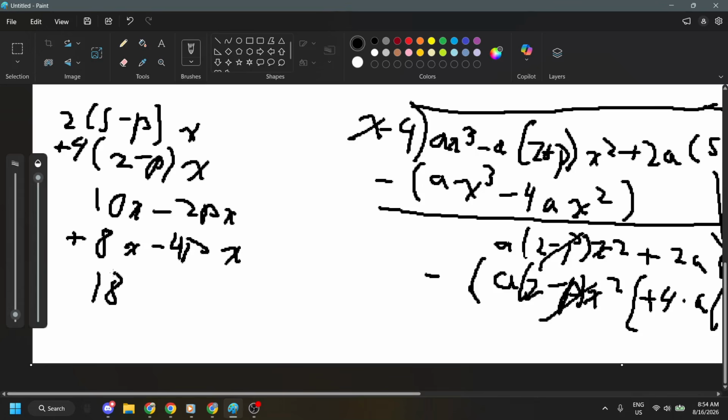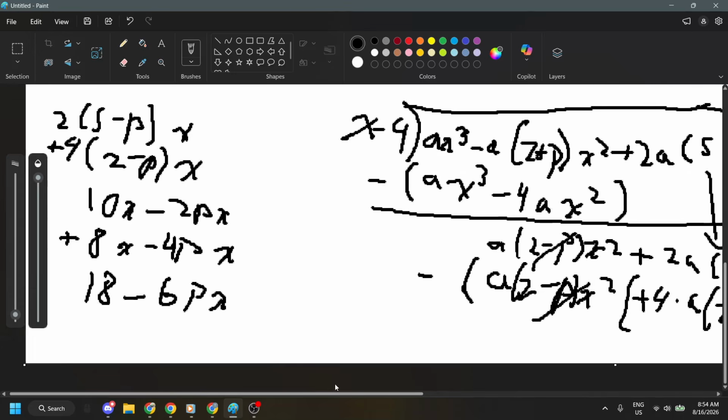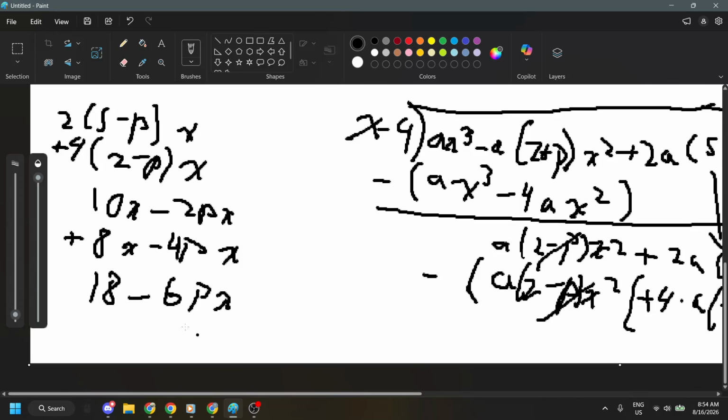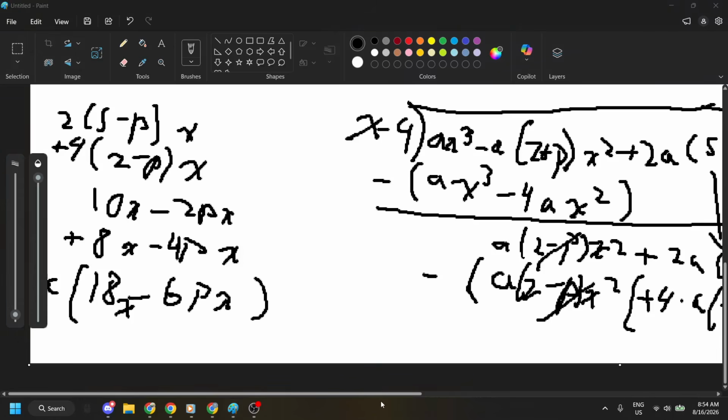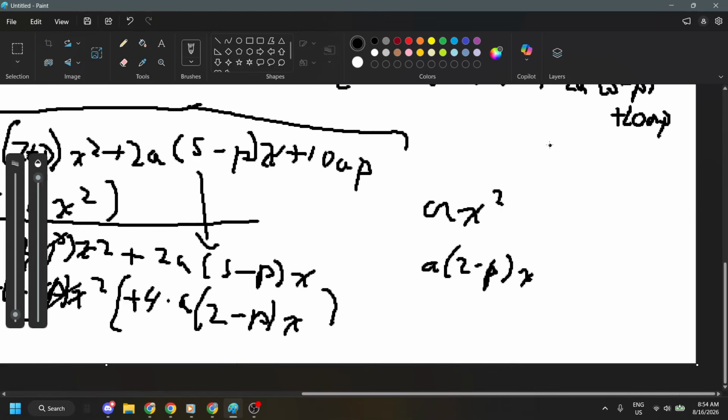So this gives us 18 minus 6px, and then of course this all has a in front of it. So then we get a times 18 minus 6p times x plus 10ap.